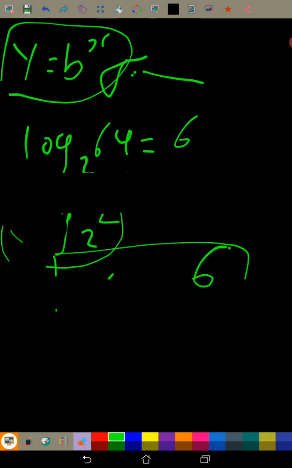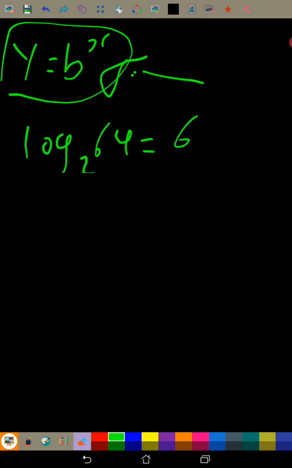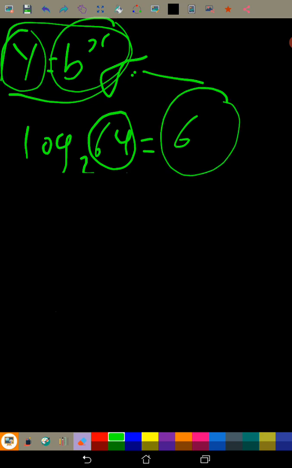What we need actually, this value is y, and this is what we have to figure out, but to the base of this.